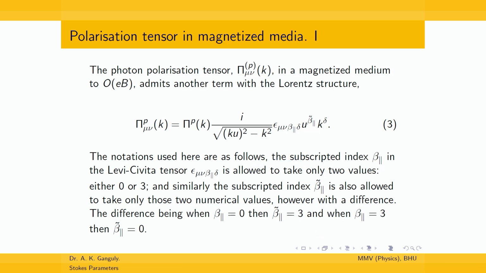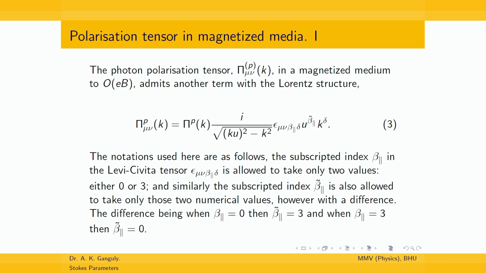Under charge conjugation, the factor U tilde picks up a sign, then it tells us that the terms present with chemical potential should be odd to compensate for this effect, and parity and time reversal invariance.